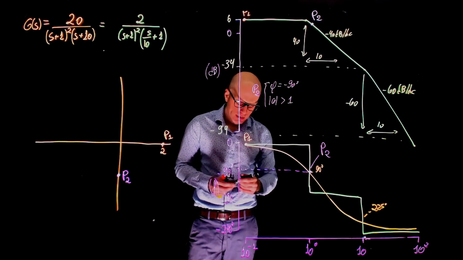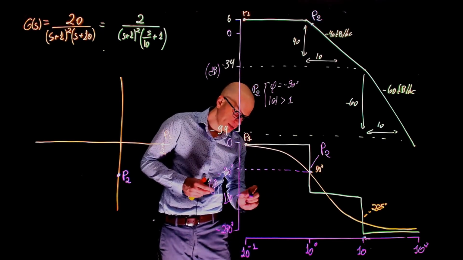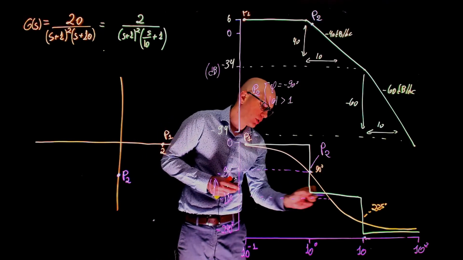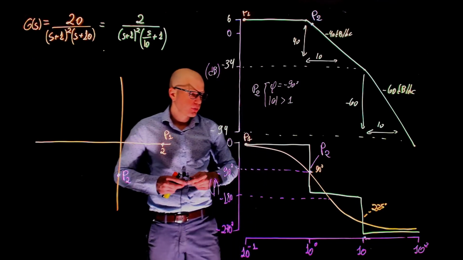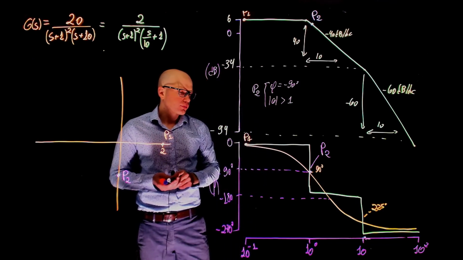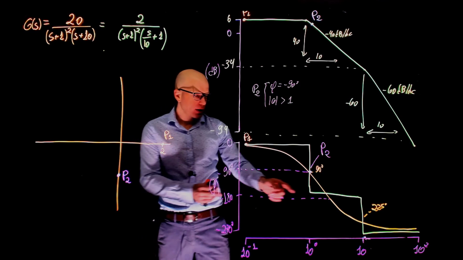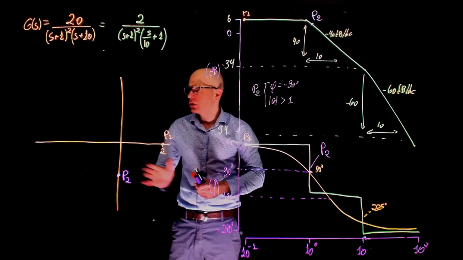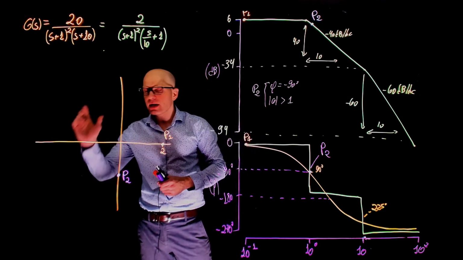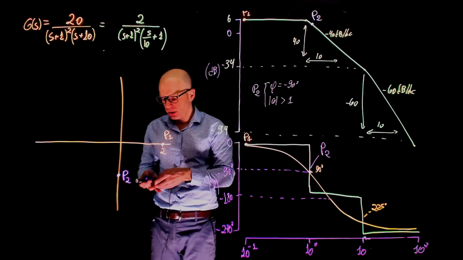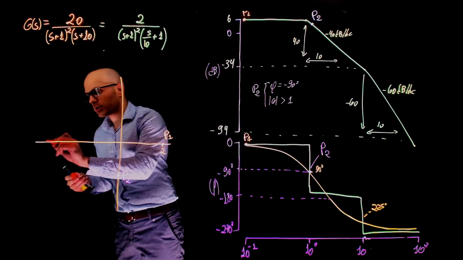Now we can cross the point where the phase is negative 180 degrees, somewhere around here. Why this point? Because at negative 180 degrees, that's where we cross the negative real axis. And this is very important because you're now watching for encirclements of negative 1.